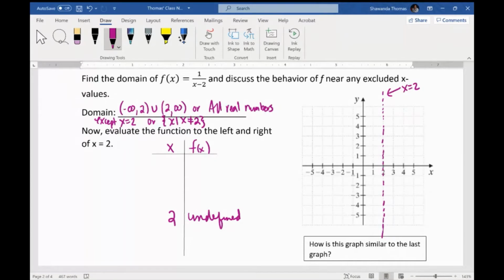It's undefined there. We're going to approach it from the left again. Let's plug in some numbers, like -2. If you plug -2 into this new function right here, tell me what we get?